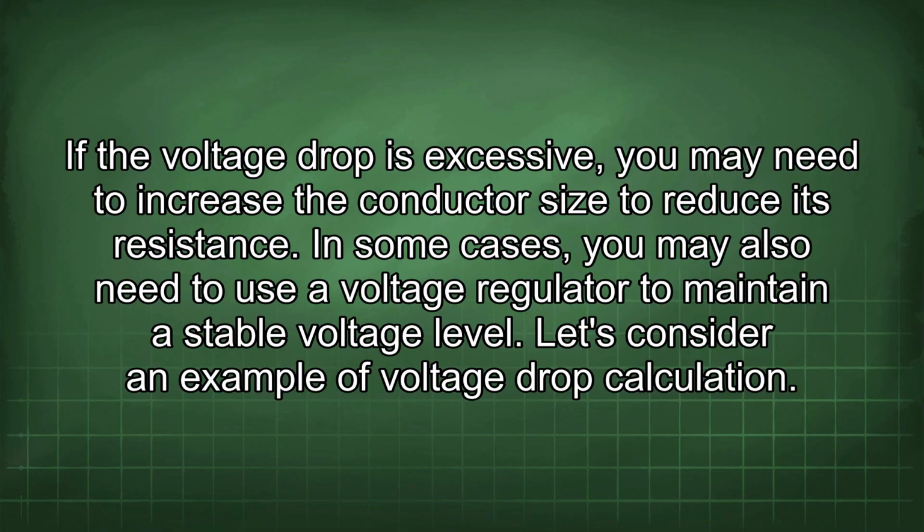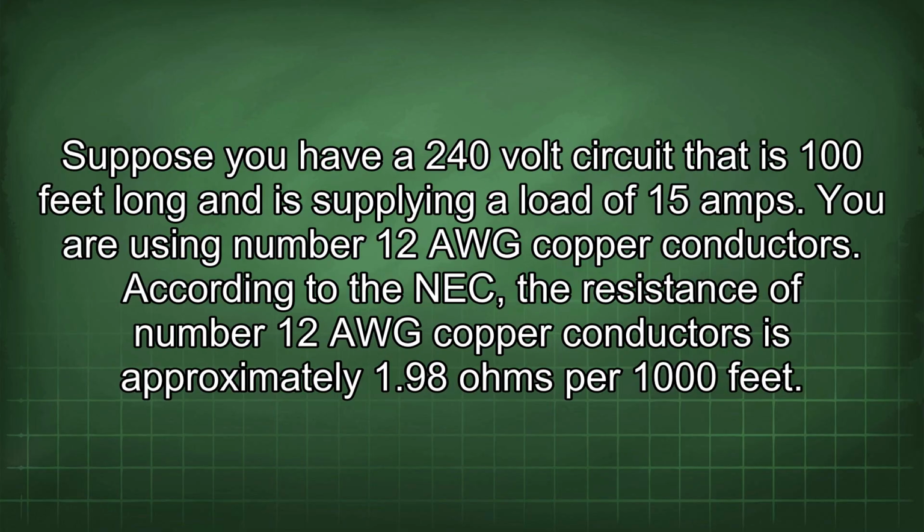Let's consider an example of voltage drop calculation. Suppose you have a 240 volt circuit that is 100 feet long and is supplying a load of 15 amps. You are using number 12 AWG copper conductors. According to the NEC, the resistance of number 12 AWG copper conductors is approximately 1.98 ohms per 1000 feet.